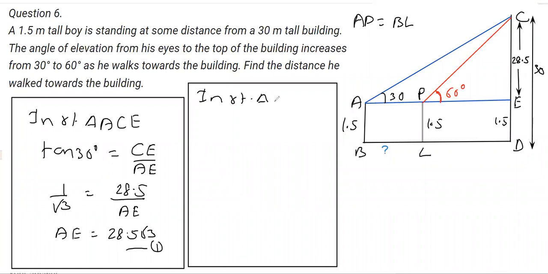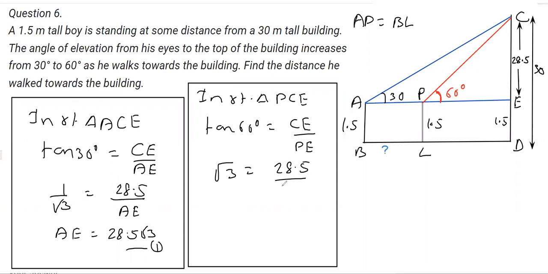So now we'll consider the other right triangle, this time PCE. In this triangle, we'll apply tan 60 to obtain the relation between the perpendicular and base. The perpendicular here remains the same, that is CE, and the base this time is PE. Replacing tan 60 with its value, root 3, equals CE, which is known to us as 28.5, divided by PE.